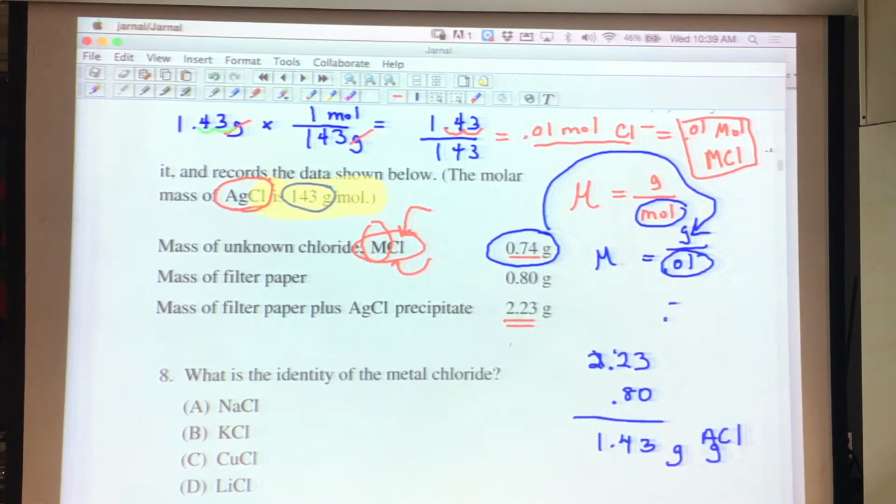So 0.74, okay, grams per mole, over 0.01. Okay, now, what is that number? If I'm dividing by a smaller number, doesn't my number get bigger? It's another skill you must have.